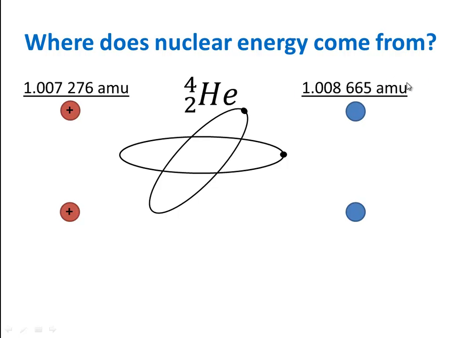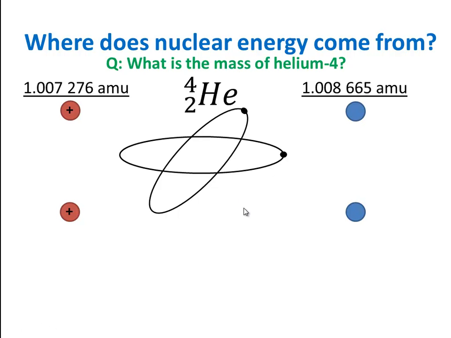Here's the corresponding value for the mass of neutrons, and you can see they're very similar in mass, but the neutron is just slightly more massive. As we go through this analysis, we're going to exclude the electrons' contribution to mass, because electrons do have mass and it does contribute, but it is very, very small compared to the neutron and proton. So for simplicity, we will exclude those from the analysis.